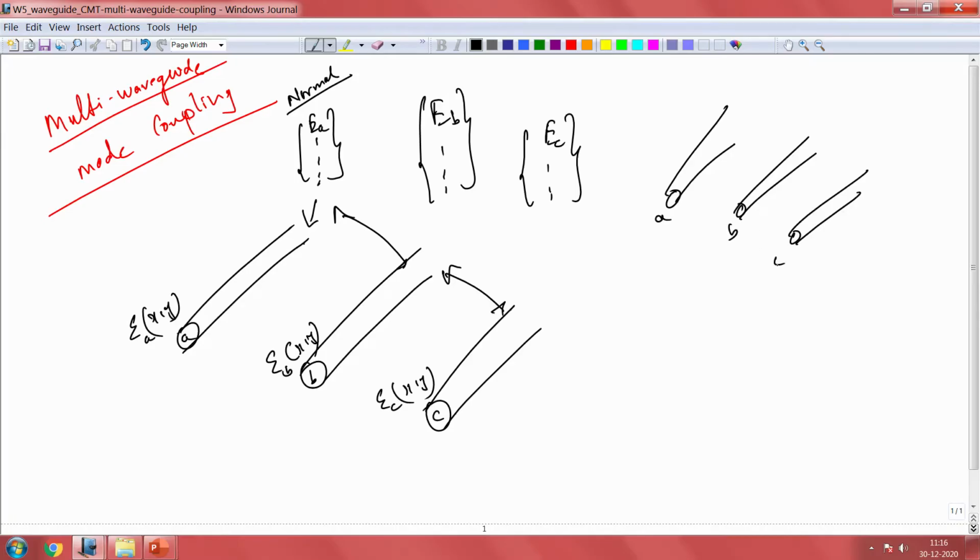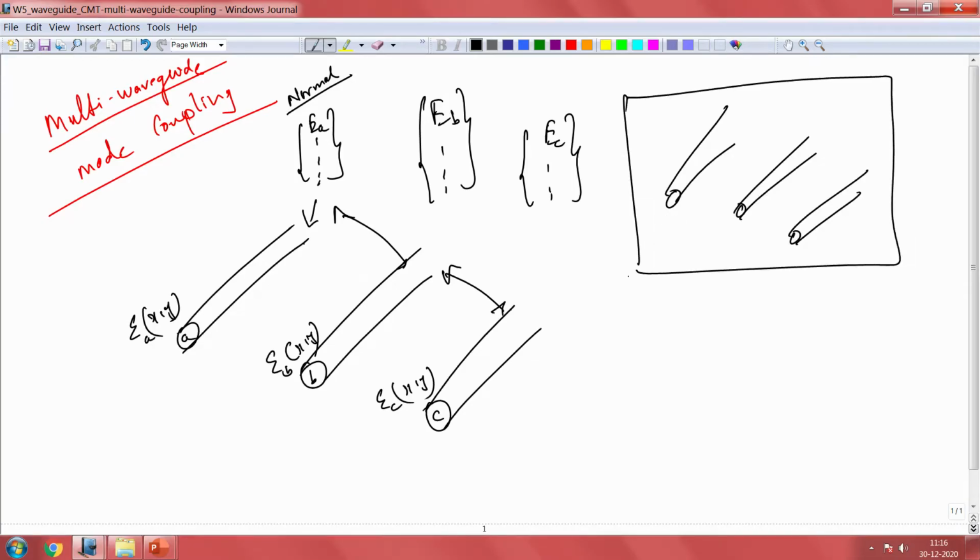If I remove all of this A, B and C and say this is my combined system, how do I represent the normal modes here? Individual modes are there. For a system-based approach, all these waveguides are now together. So, how can I do that?